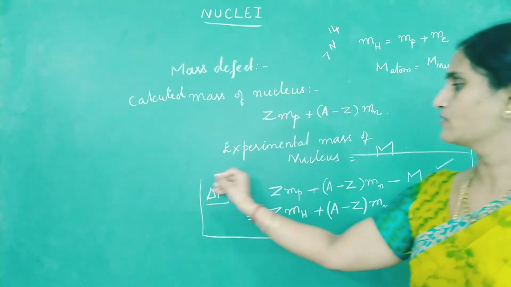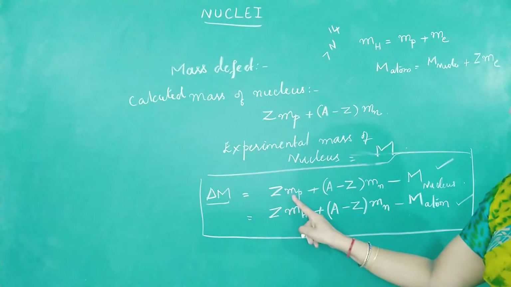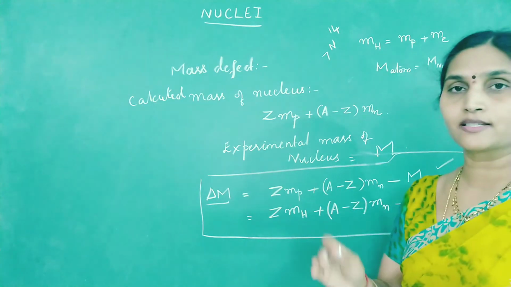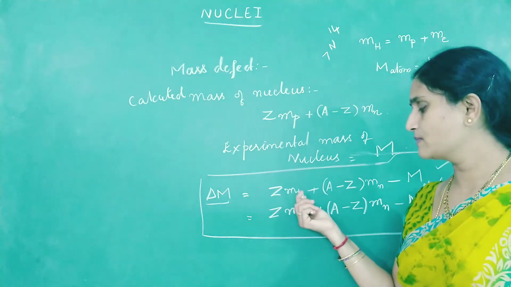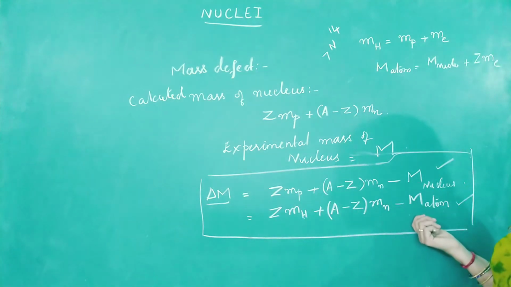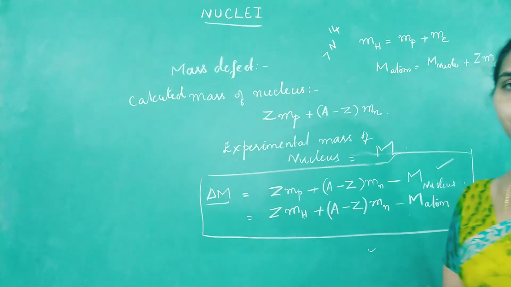One is in terms of mass of proton, where it is the mass of nucleus. We know nuclear mass is atomic mass minus mass of electrons. Instead, if you replace the mass of proton with mass of hydrogen, you can write this as mass of atom. So, this is the meaning of mass defect.